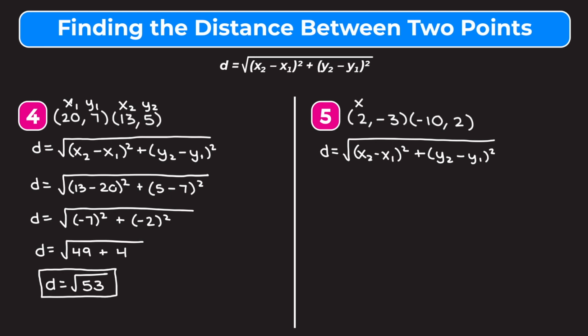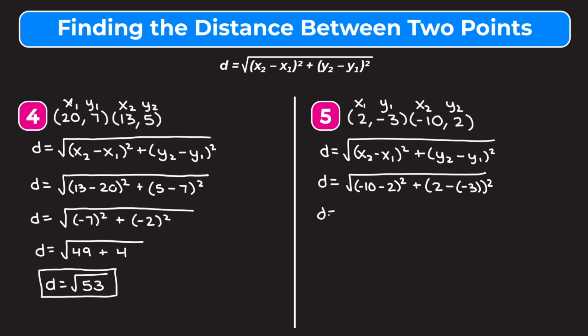Let's label our points with x1, y1, x2, y2, and we're going to plug in our values. So D is equal to the square root of x2, which is negative 10, minus x1, which is 2, squared, plus y2, which is 2, minus y1, which is negative 3, squared.